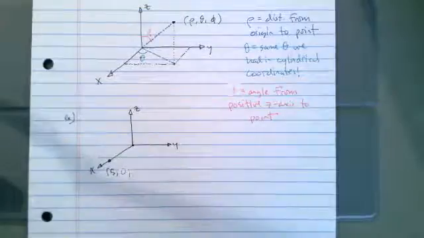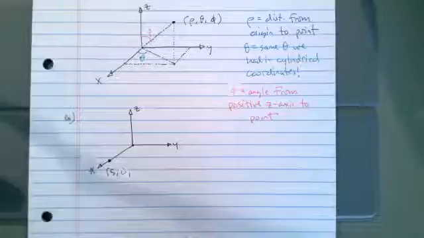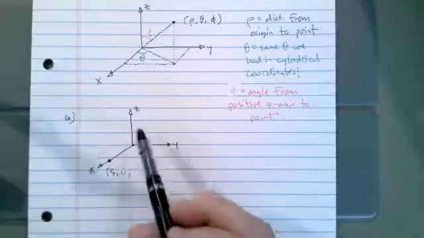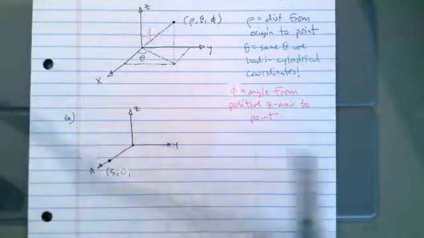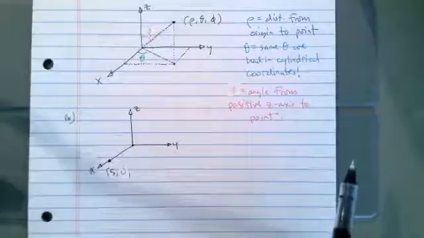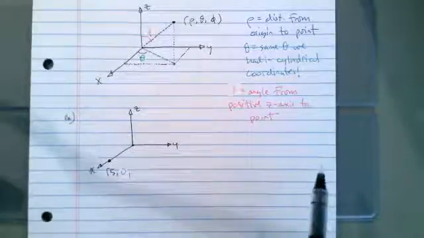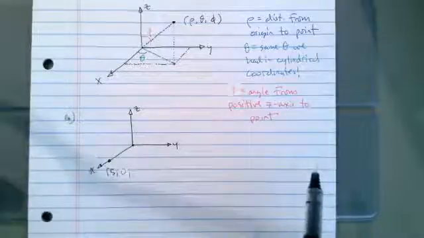Theta is 0 because that point is on the x-axis. What about the angle phi measured from the positive z-axis to the point? What is the angle phi? One suggestion for 0 and another suggestion for 90.